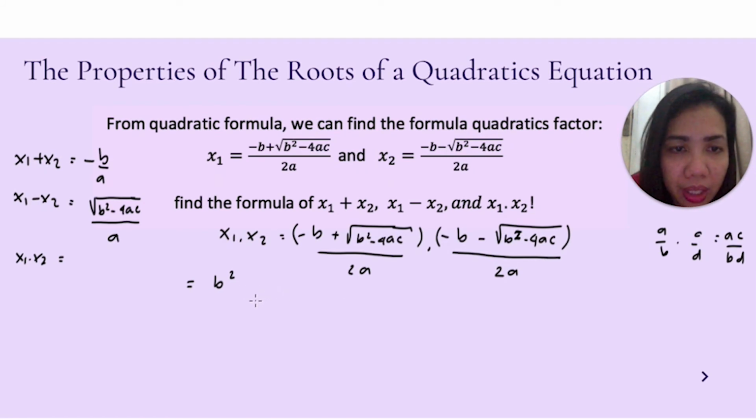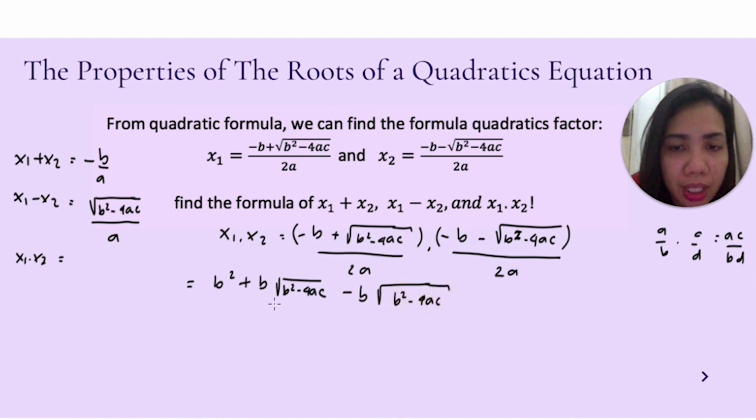Then we'll have positive b times the square root of b squared minus 4ac, and then this time minus b times the square root of b squared minus 4ac.